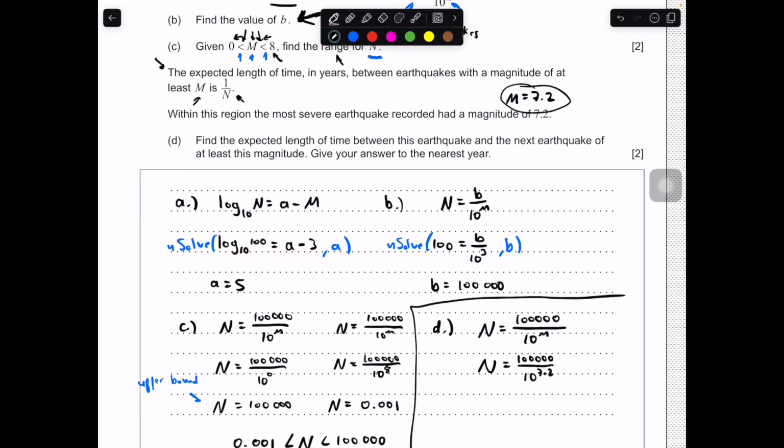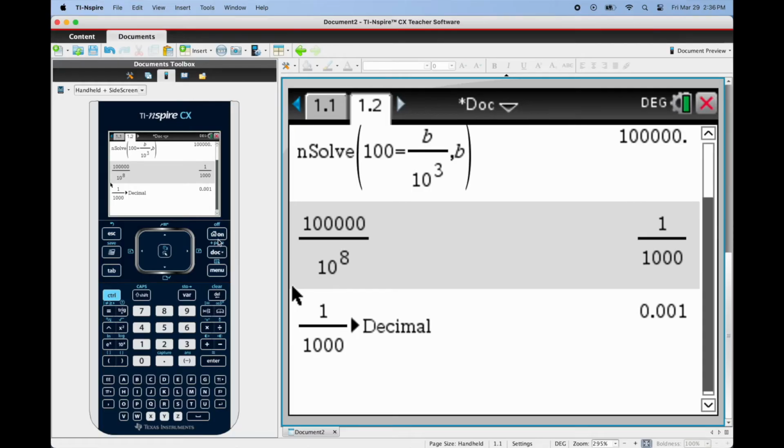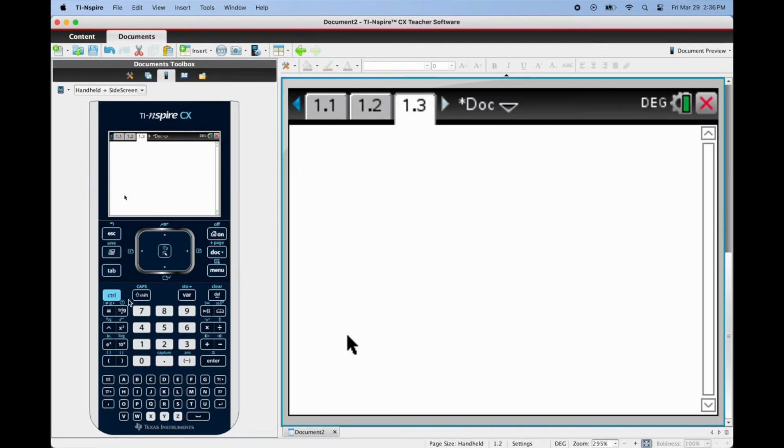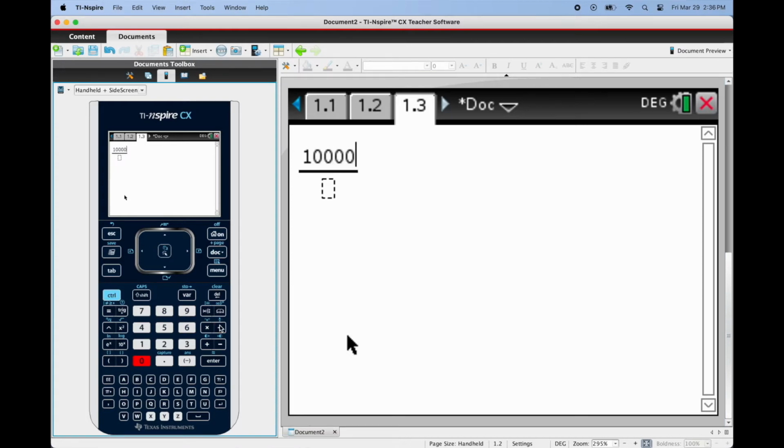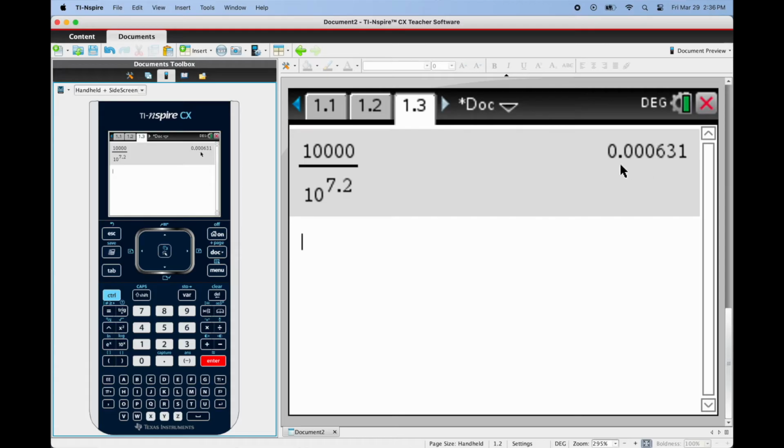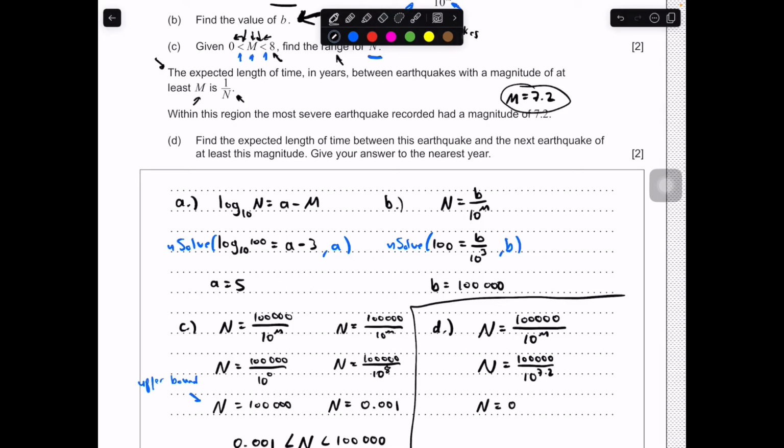So let's go into the calculator and work that out. I'm going to set up a new screen. Let's get a fraction, 100,000 divided by 10 to the 7.2. In this case, a very, very small number. n is equal to 0.000631. Going back to the document, n is equal to 0.000631, and this is 3 sig figs, so that's okay.